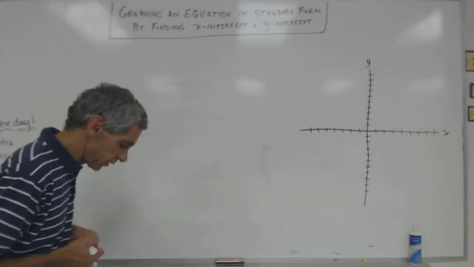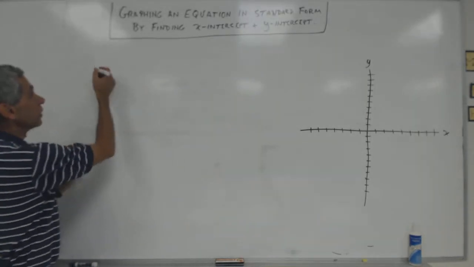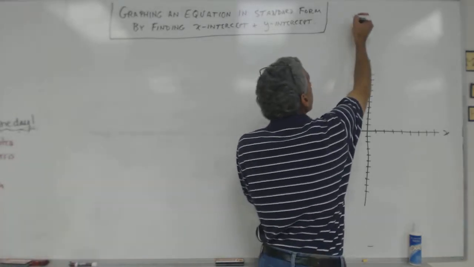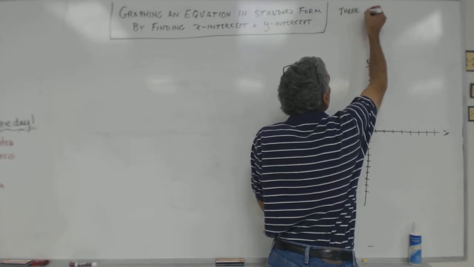So I'm actually going to write this down for just a second in your notes because I think it's helpful to know this. There are really three, but I'm only going to say two right now.